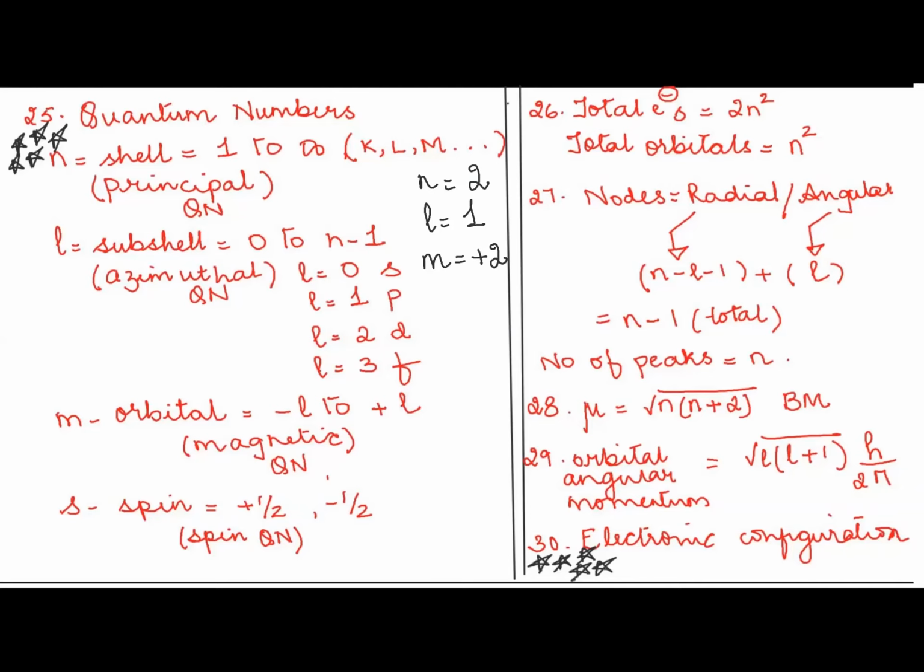So n is 2, that means the second shell. And L is 1. That's also fine because it's less than n, meaning it is p, right? But then if L is 1, then m is minus 1, 0, plus 1. So this cannot exist. Plus 2, how did it come there, right? So it cannot exist. So that's wrong.